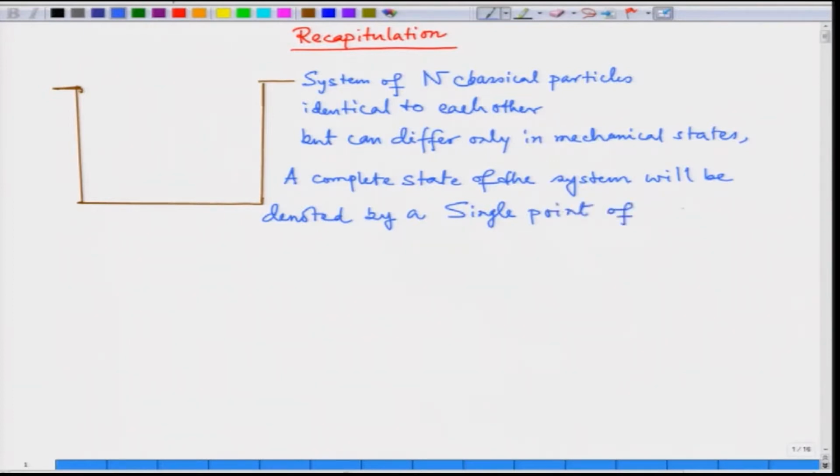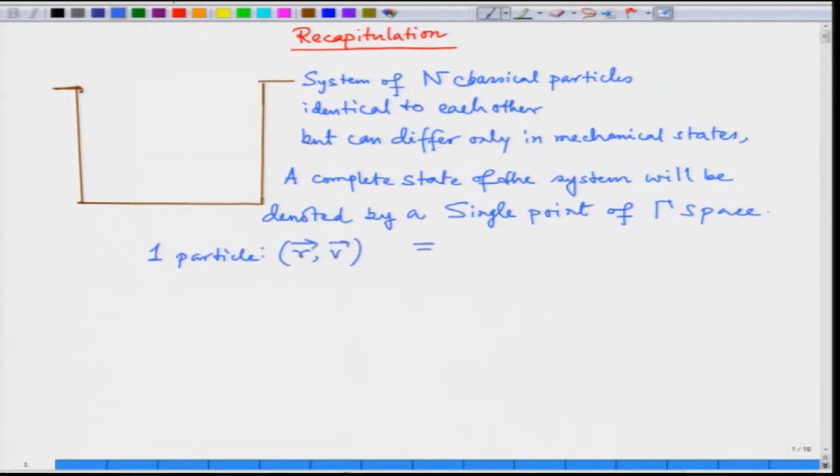Now, if you are just considering 3-dimensional real space and the motion of the particles in this, then for every particle you will have 6 coordinates: 3 from position and 3 from velocity. So, for one particle you will have r and v.